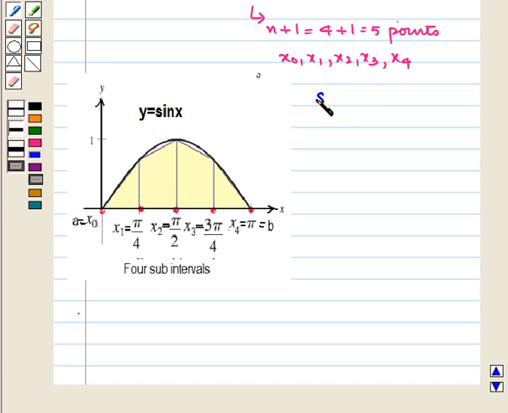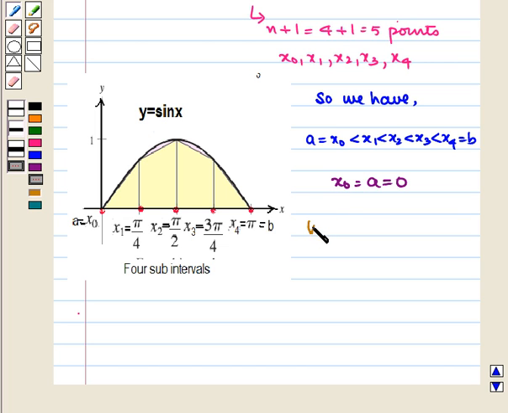So we have a equal to x0 less than x1 less than x2 less than x3 less than x4 equal to b. x0 is equal to a, which is equal to 0.